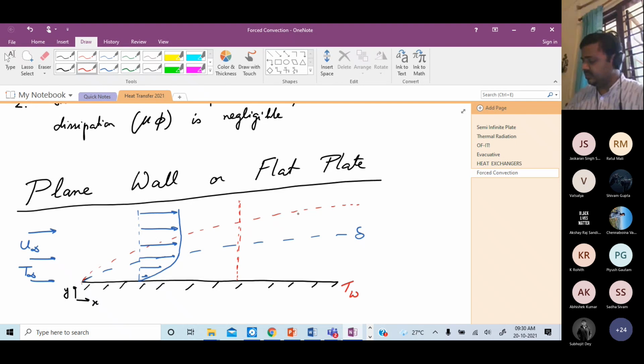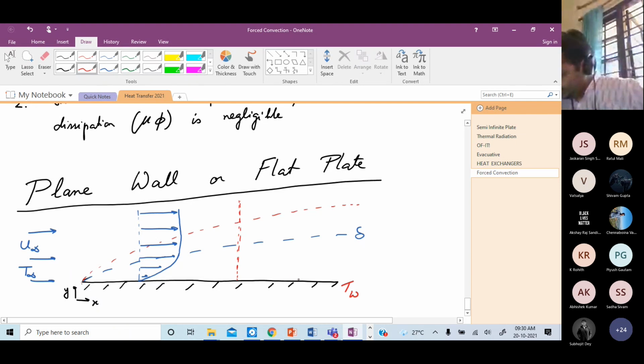If you measure the temperature of the fluid, it changes from the wall temperature at the surface to that of T infinity beyond a certain distance. Like this.